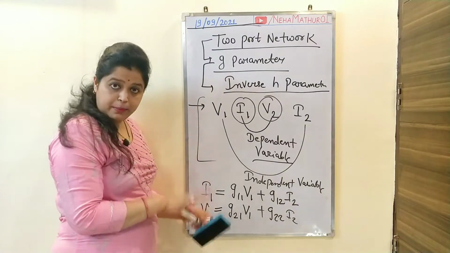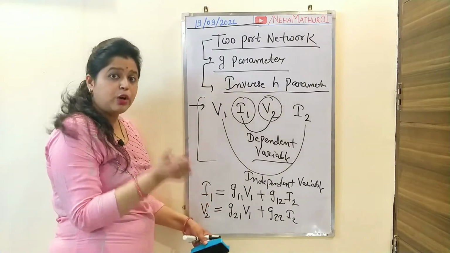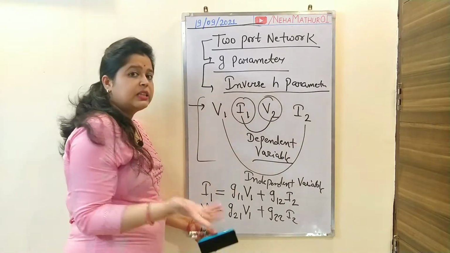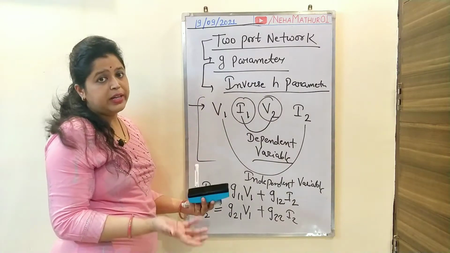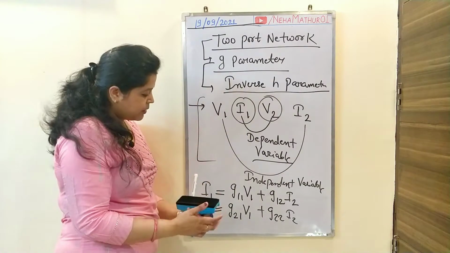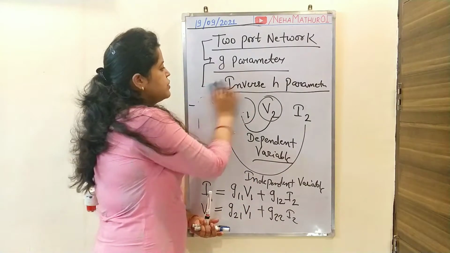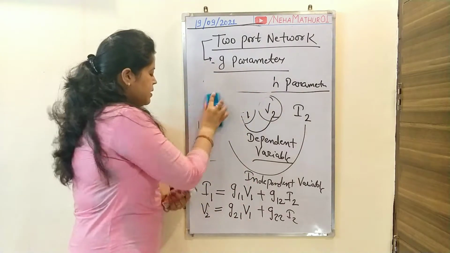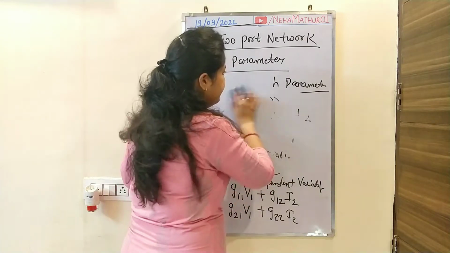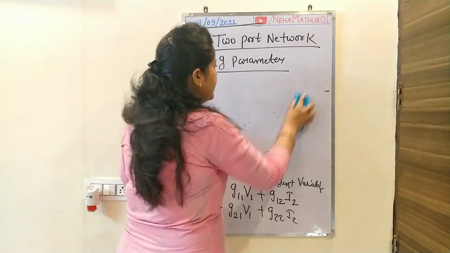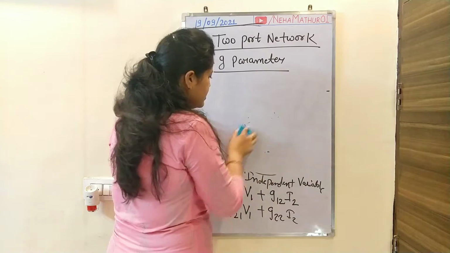So if you are able to write these two equations on behalf of this consideration, the next step is we'll have to find G parameters. For the calculation of G parameters, we'll have to take help of both the equations.